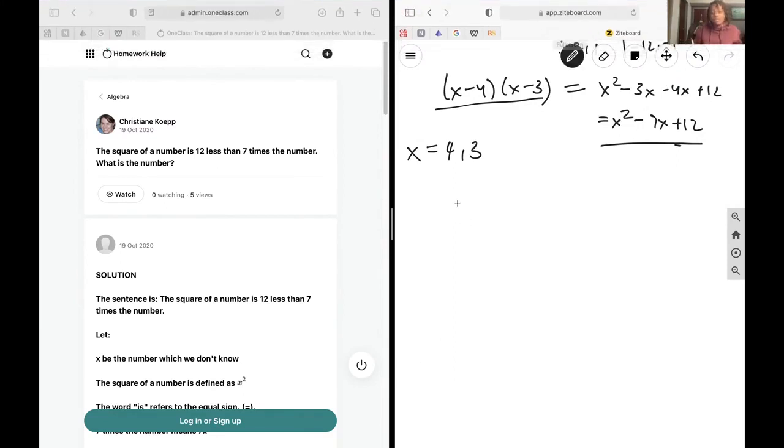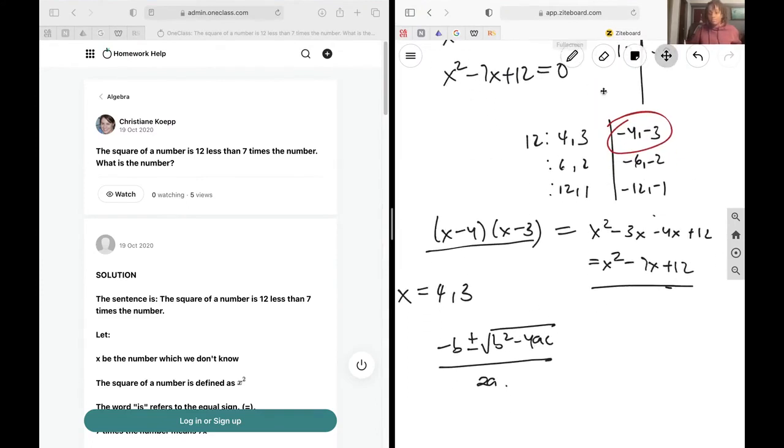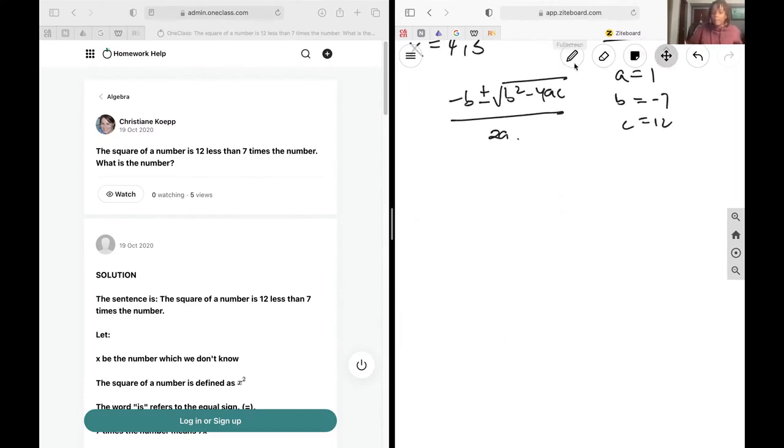Additionally, let's just run through quadratic. So we have negative b plus or minus the square root of b squared minus 4ac, all over 2a. In my expression, I have a is equal to 1, b is equal to negative 7, and c is equal to 12. So let's just go ahead and plug those in.